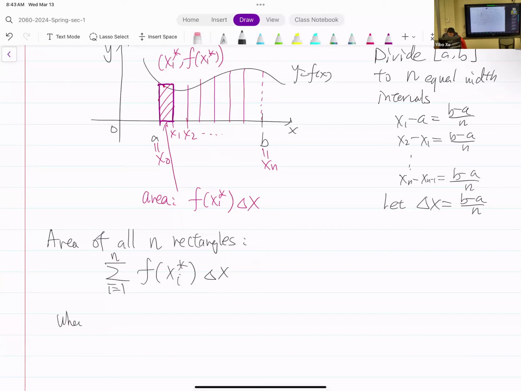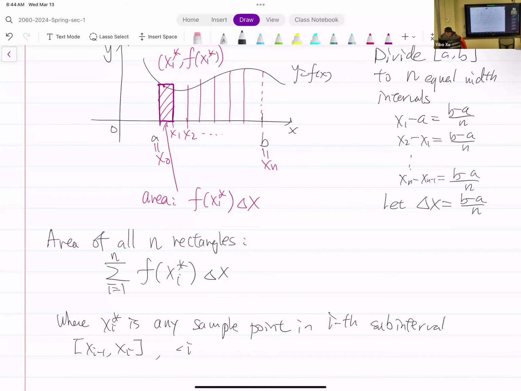Here, xi star is any sample point in the ith subinterval, from xi minus 1 to xi. Here i is from 1 to n.